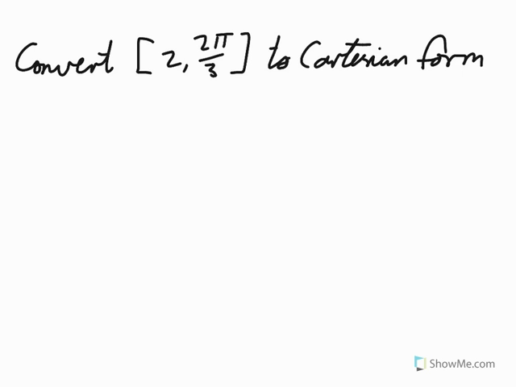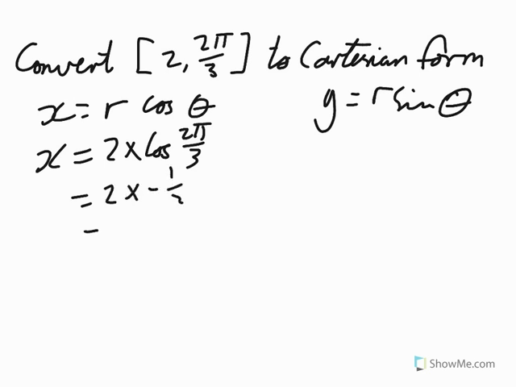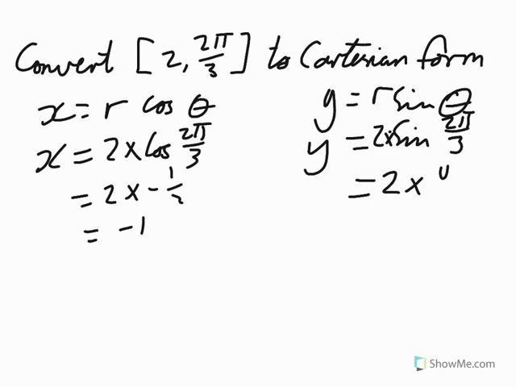Okay, so remembering that x equals r cos theta and y equals r sin theta, and putting those things in, x is 2 times cos 2 pi on 3, which is 2 times -½ which is -1, and y equals 2 sine 2 pi on 3, which is root 3 on 2, so root 3.